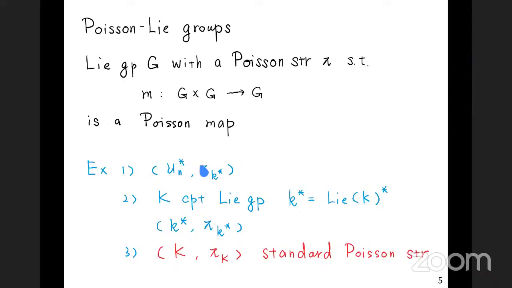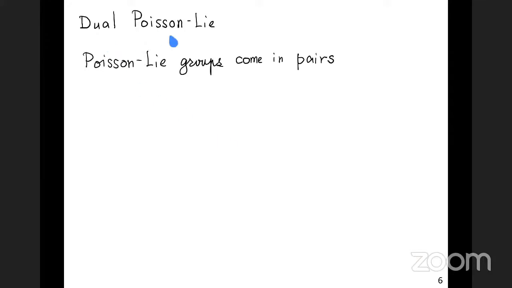In the linear case, we know this Poisson structure actually comes from the Lie bracket of u(n). So there's some duality between Poisson structure and the Lie structure. That's why all the Poisson Lie groups come in pairs. On one side you have the Lie bracket and Poisson structure, and then you can take the dual.